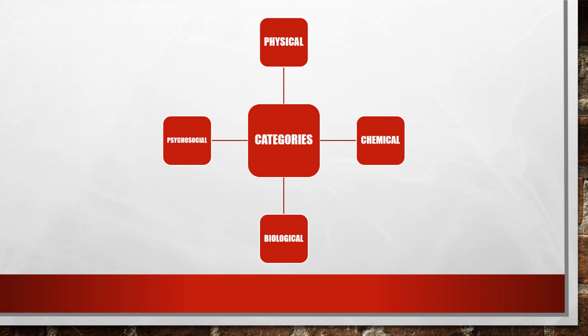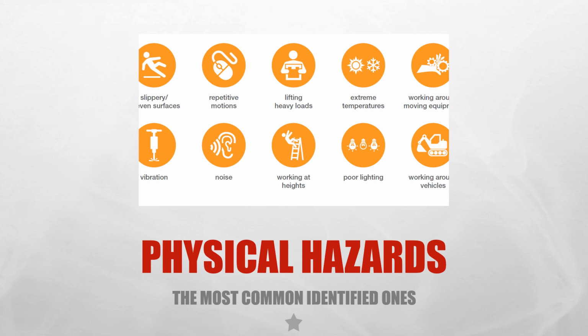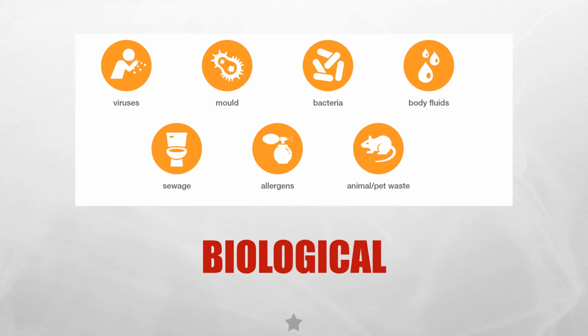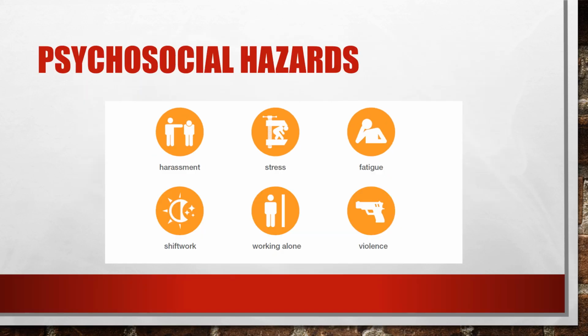The identification of health and safety hazards can be broken down by the use of 4 categories: physical, chemical, biological, and psychosocial. Physical hazards are the ones we are used to seeing in front of us. Chemical hazards are substances that can cause harm to people or the environment. Biological hazards, or biohazards, are living organisms that can harm humans, animals, or the environment.